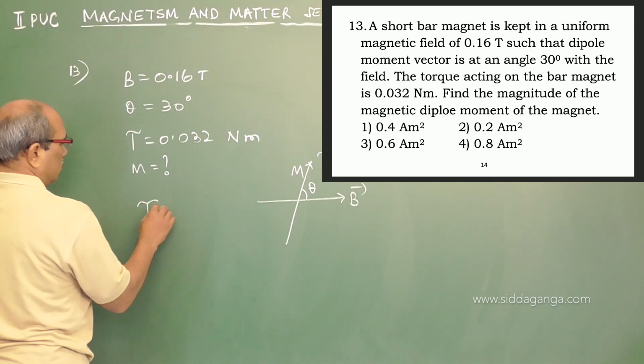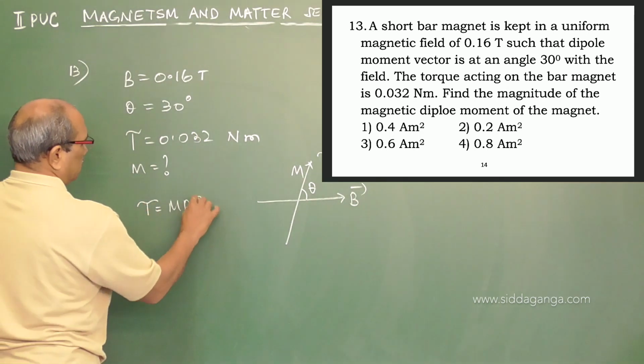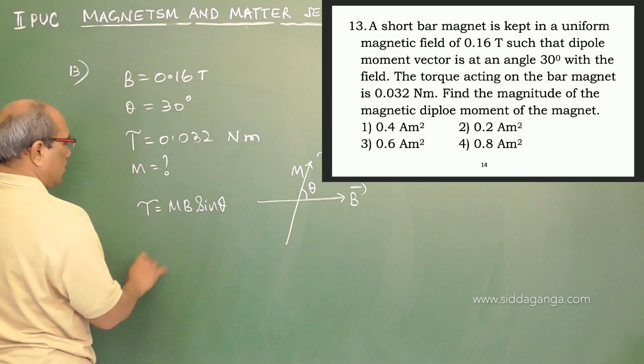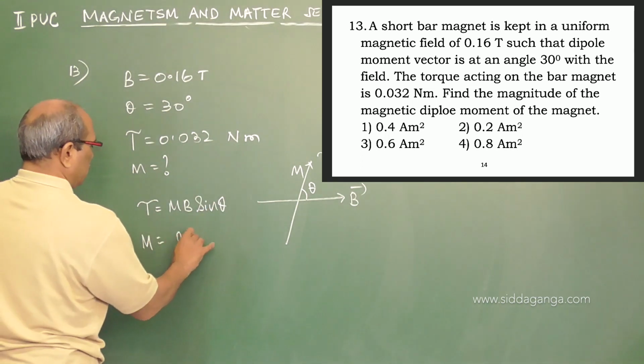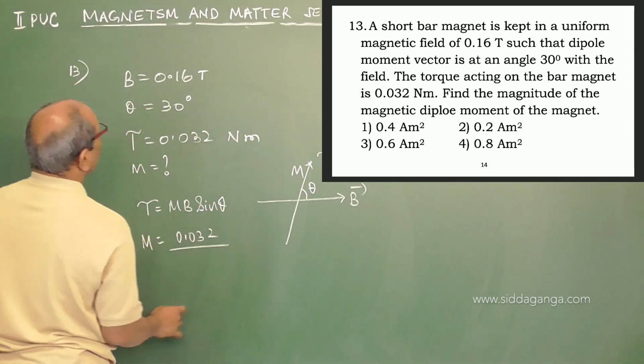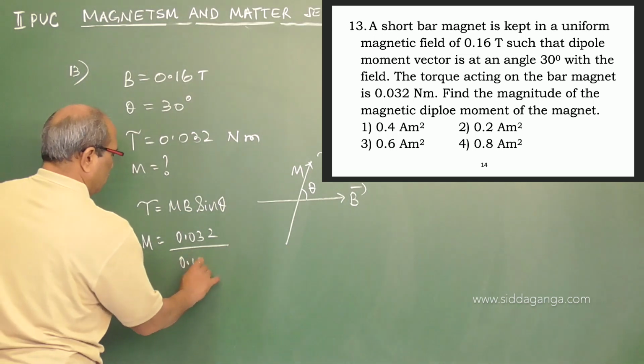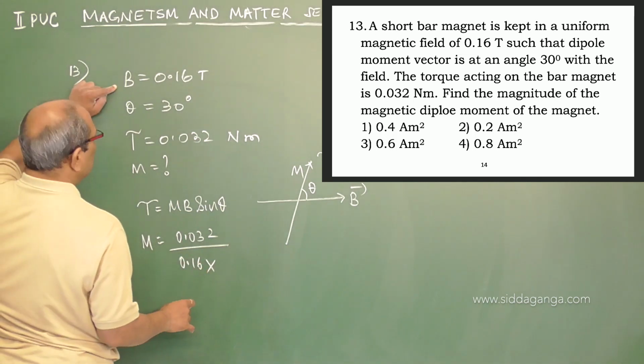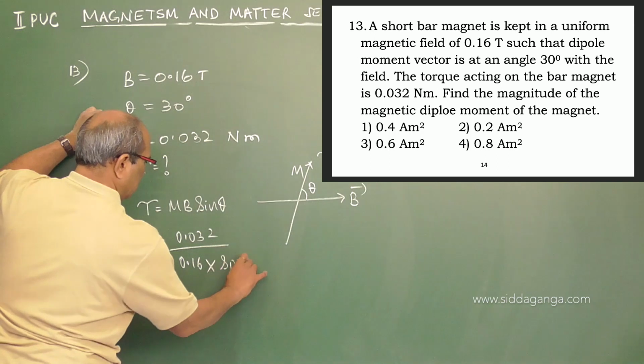You know torque is equal to MB sin theta. Magnetic moment is 0.032 by 0.16 into B, sin theta is sin 30.